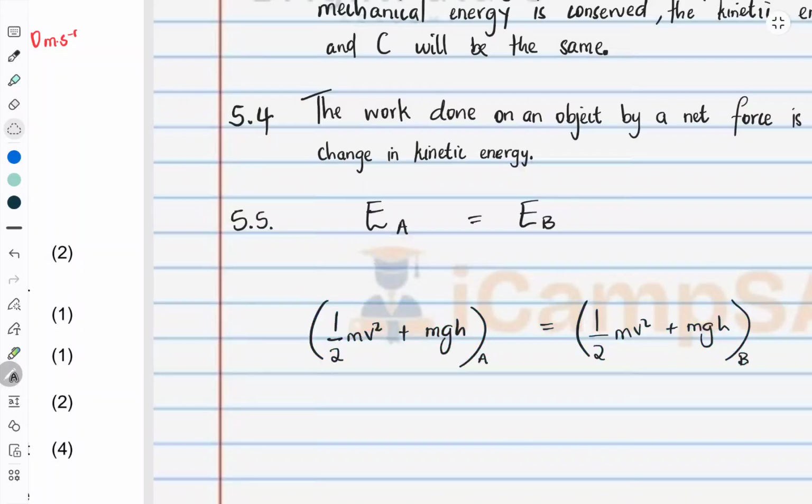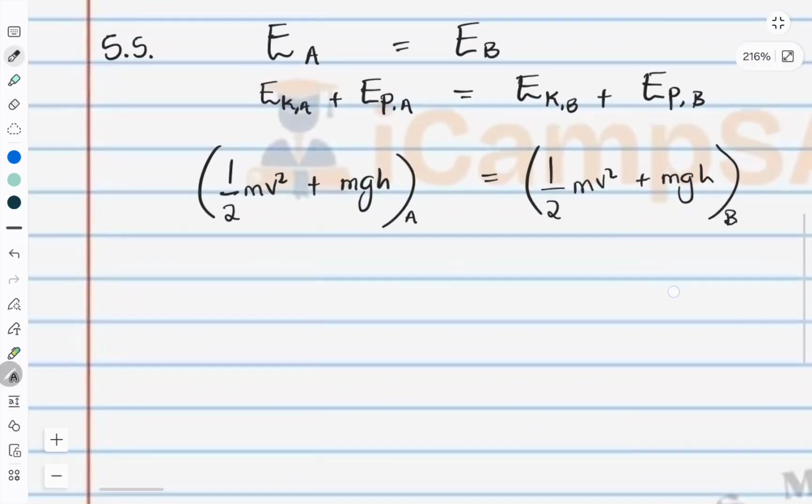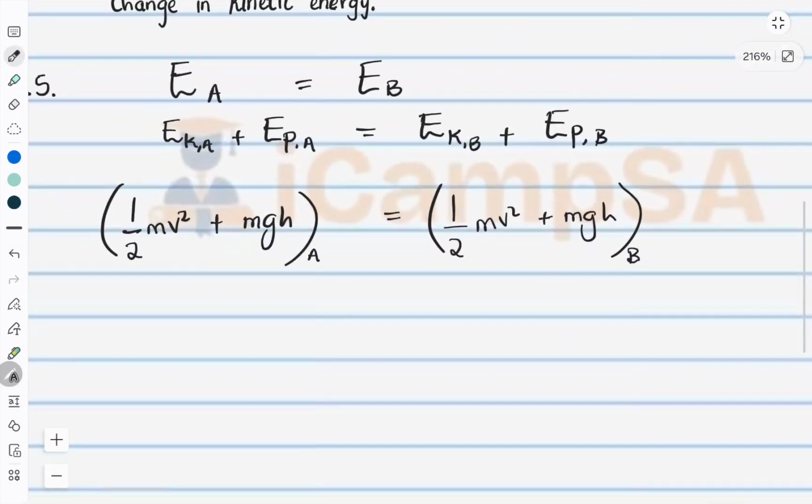Some people want to come to the second step and write that the kinetic energy at A plus the potential energy at A is the same as the kinetic energy at B plus the potential energy at B. Some people prefer writing it like that, so you can still do it like that.